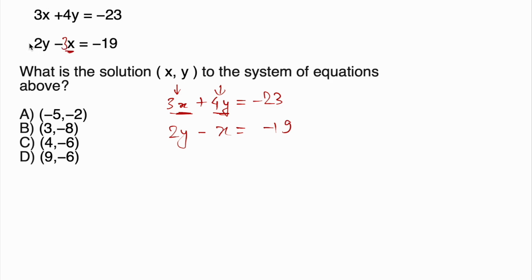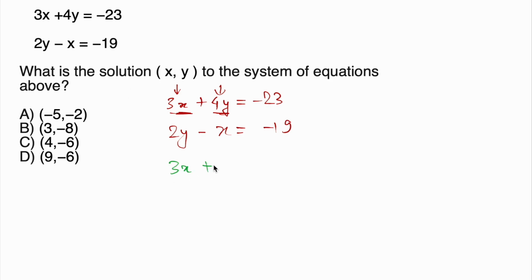Or we can just multiply by 2 and then subtract to remove y. So both of these cases are valid. Let us try to remove this 4y and find the value of x. I think that will be easier compared to removing y.